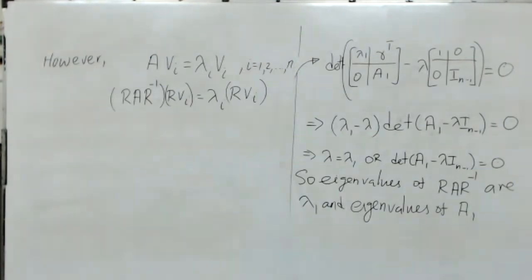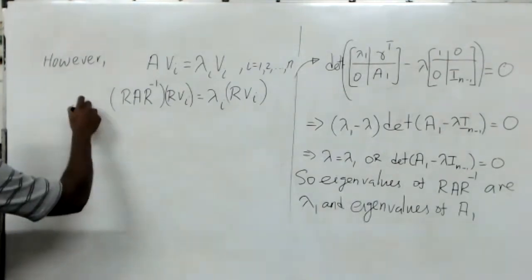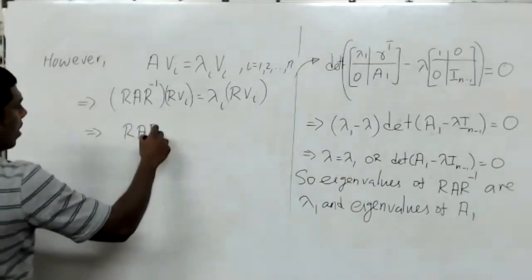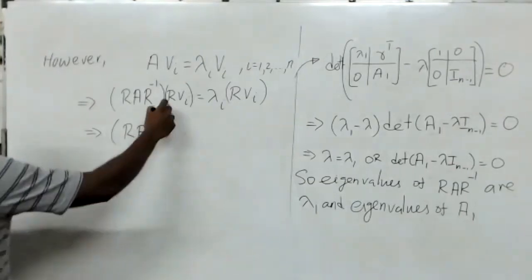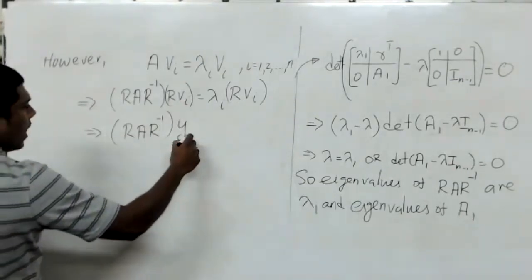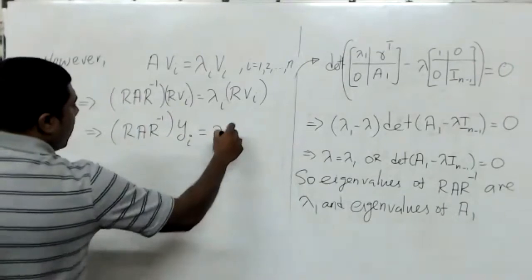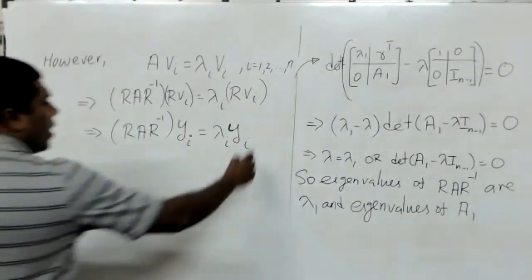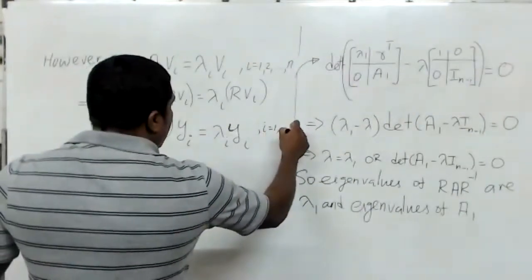I multiply by R first and then put an R inverse R in the middle, so I do two things together. Now this gives me R A R inverse times this, which I can name Yi, is equal to lambda i times Yi, for i from 1 up to n.